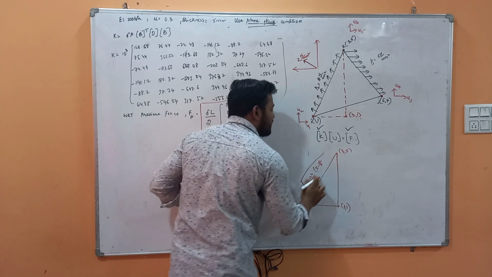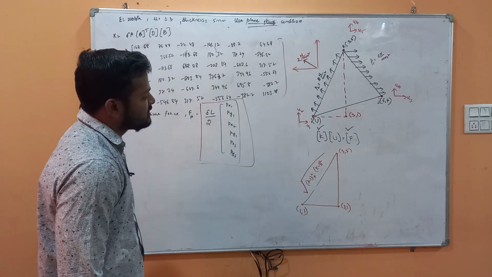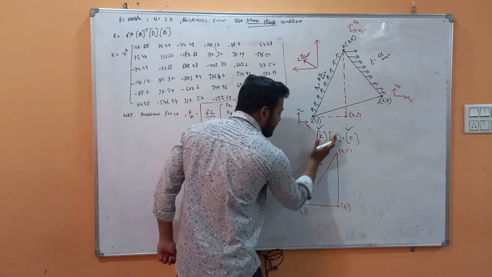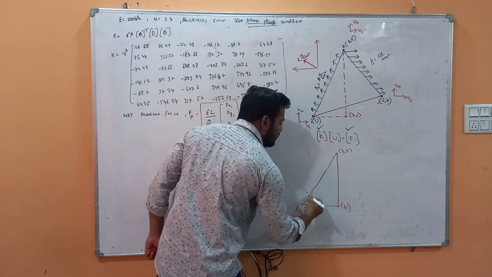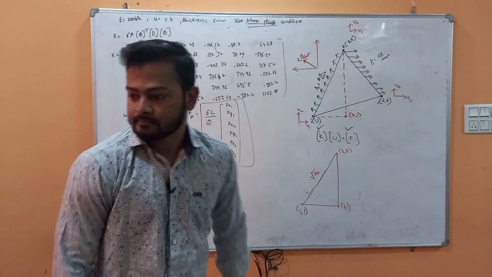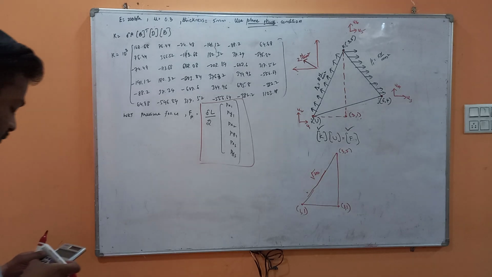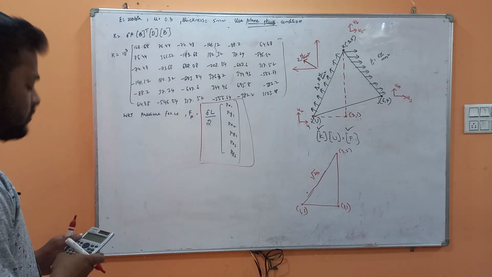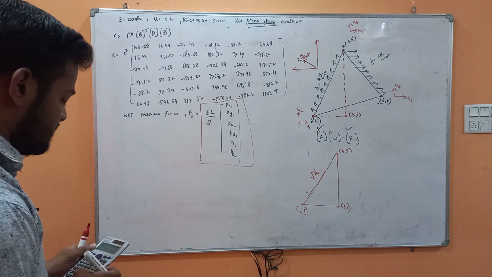So this is 2 square plus 4 square. 2 square is 4, 4 square is 16, 16 plus 4, this is coming out to be root 20. So the length of this side is root 20. You can verify it by using a calculator as well. Yeah, that's root 20.